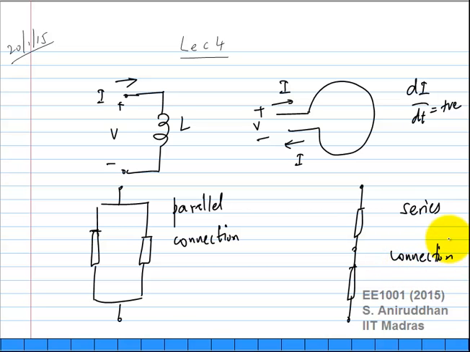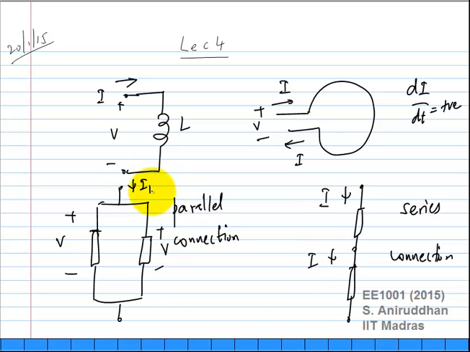How do you distinguish between a series connection and a parallel connection? If you have a parallel connection, the voltage across the two elements is the same. The currents are different. So you have the same voltage V across both. In the case of a series connection, you have the same current I through both the elements. What else do you know about this?